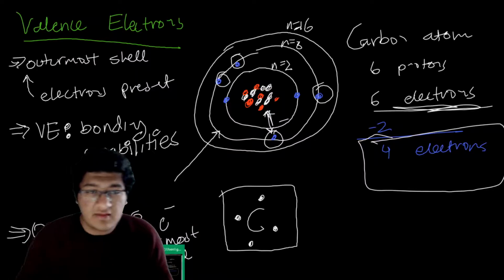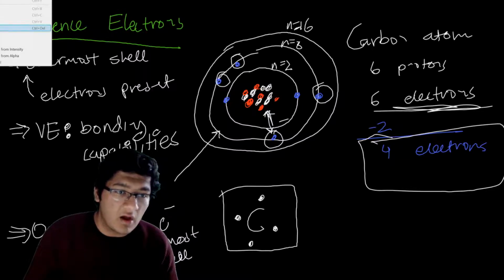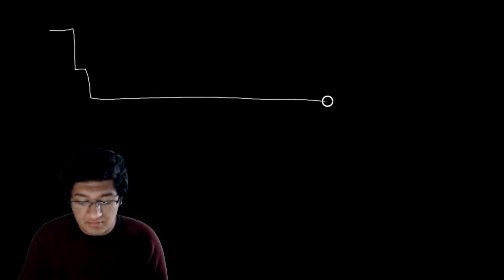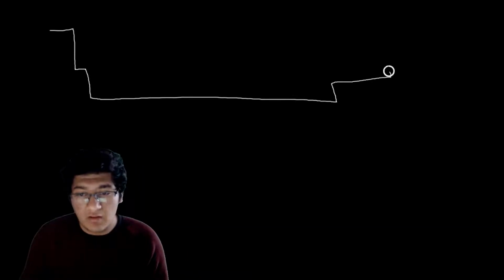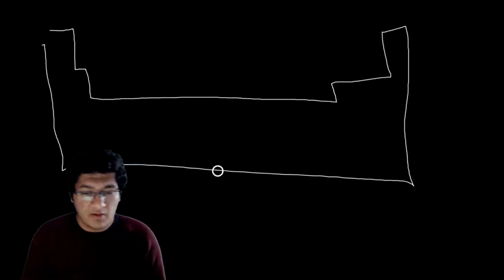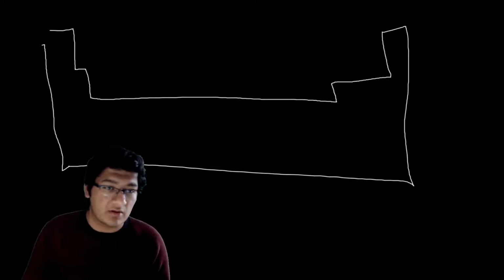Some quick things that you may need to memorize or understand is, with the periodic table, there are some trends that you should probably understand, and those are called periodic trends. So if this is your periodic table, you will see your atomic radius, which I will color code as red.